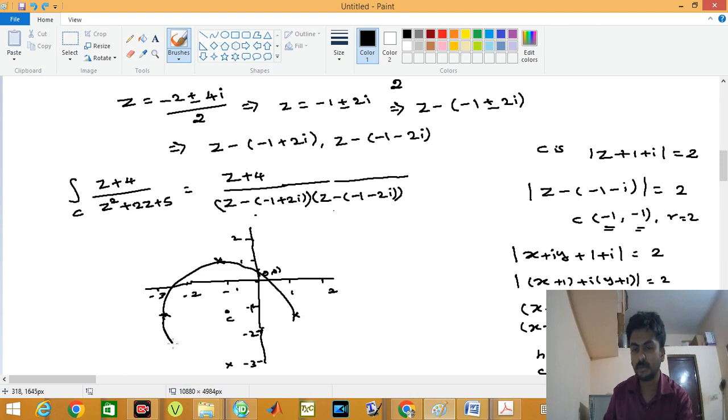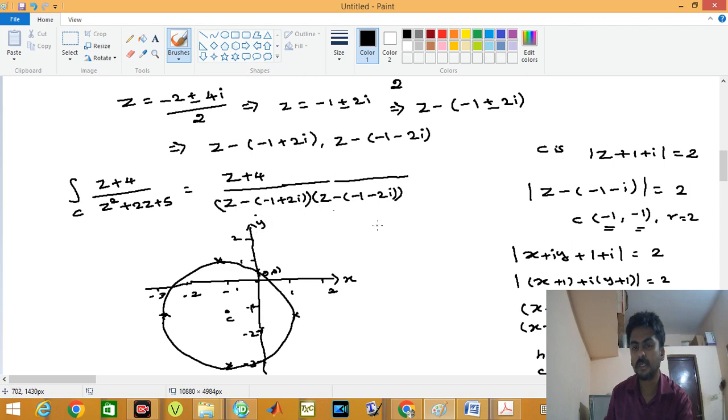It will not look like a circle actually when I am drawing it, but when you draw it on a graph sheet with proper scaling, you will get a circle. Now this is x and this is y. Now we have to check what are the points here.